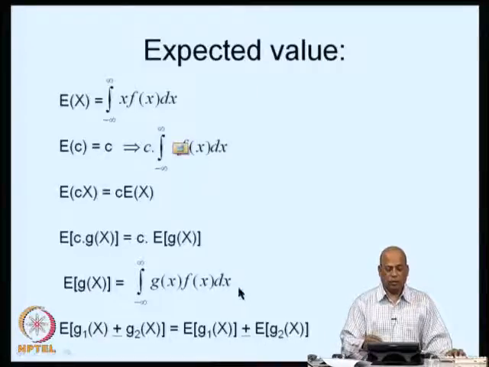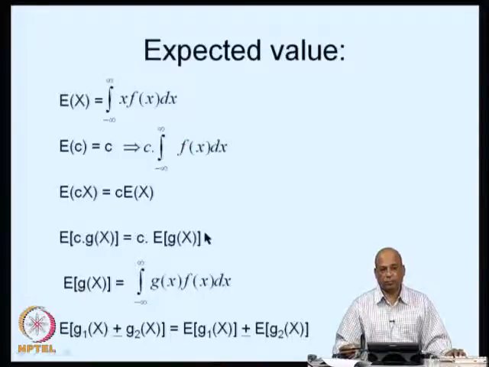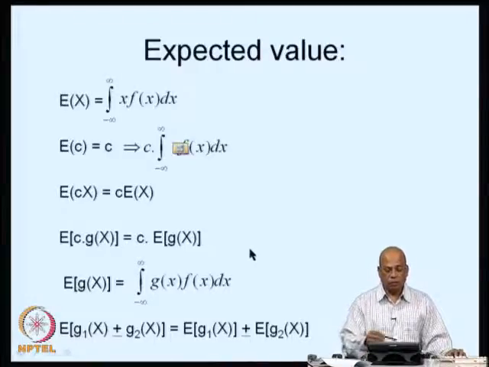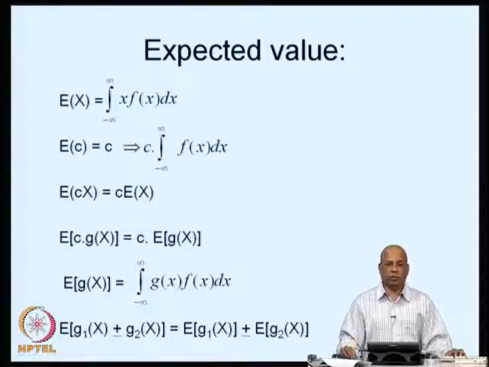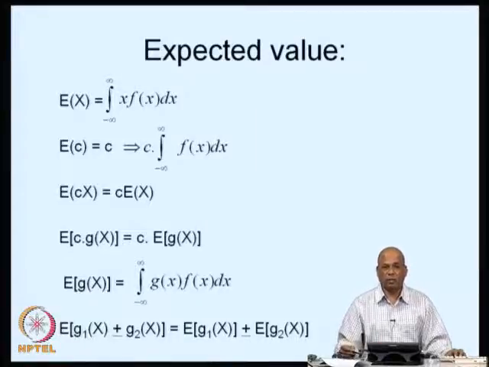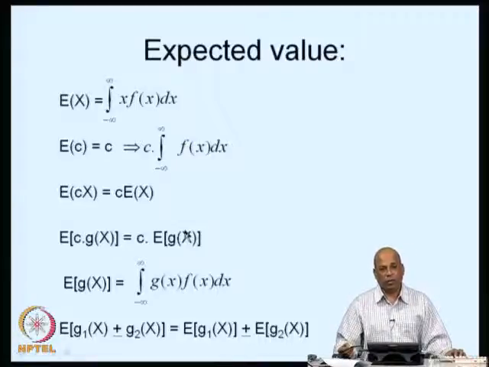And from this we again get that the expected value of a constant into g of x is equal to C into the expected value of g of x. Then we also have that the expected value of g1 of x plus or minus g2 of x must be equal to the expected value of g1 of x plus or minus the expected value of g2 of x. Now, these are some interesting results that we will be using in many of the applications subsequently.